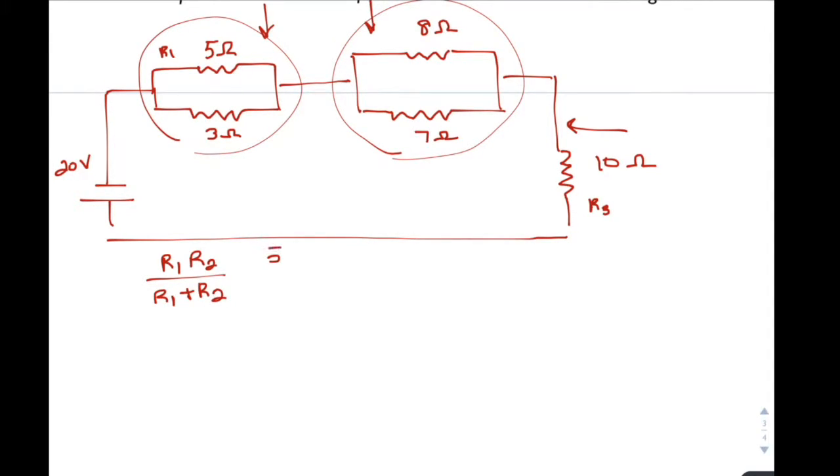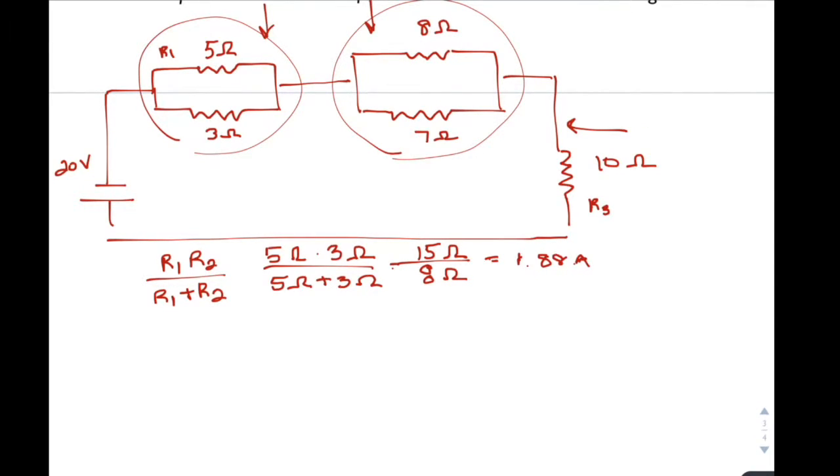That will be 5 ohms times 3 ohms over 5 ohms plus 3 ohms. So that will be 15 ohms over 8 ohms, and that will give me an equivalent resistance of 1.88 ohms.